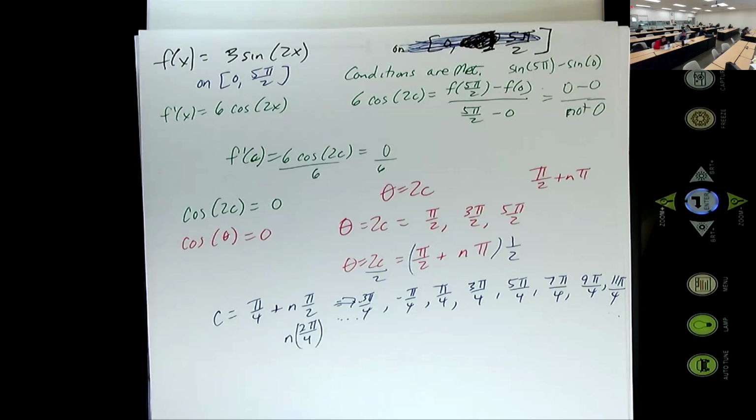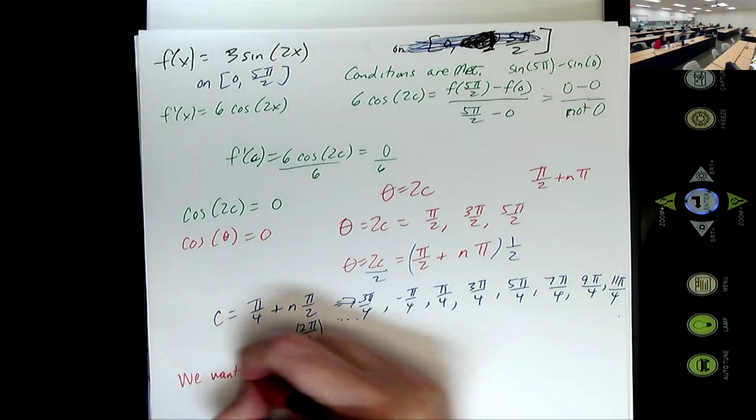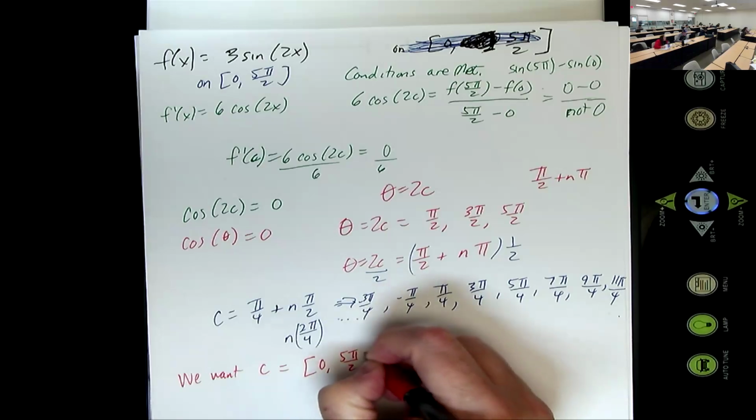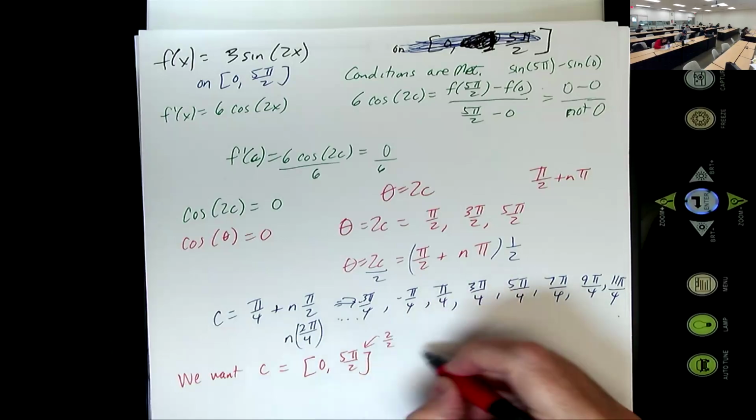We want the ones where c is in 0 to 5 pi over 2. And this might be easier to do if I multiply this by 2 over 2.